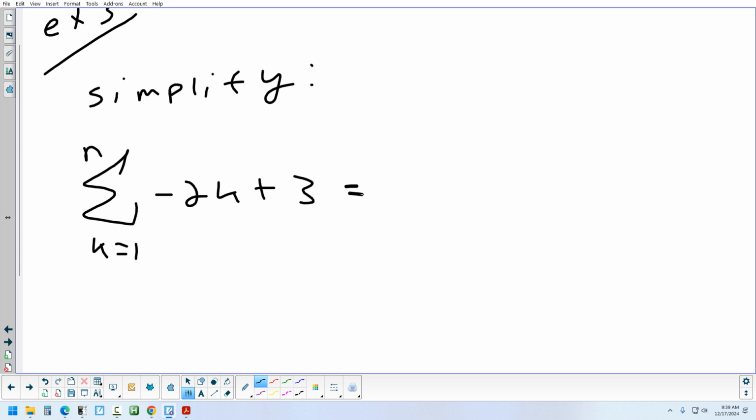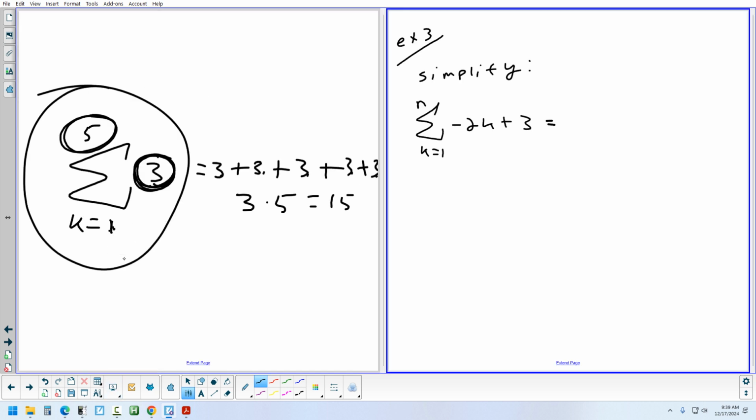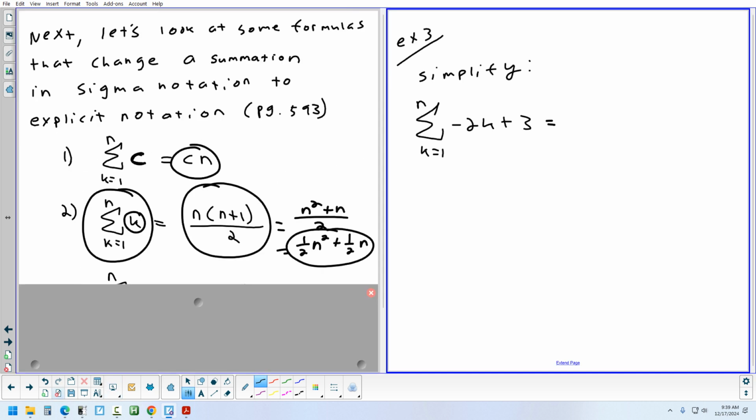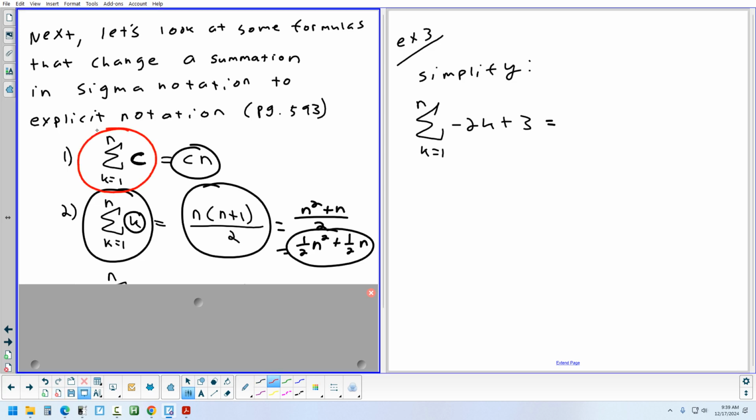So to simplify that, let's look back at our formulas. And we want to look for either what I just circled in red in the problem or what I just circled in blue. We don't have either one of those. We have something a little bit more complicated.